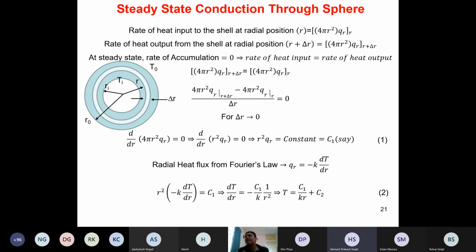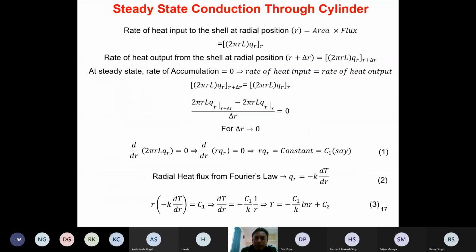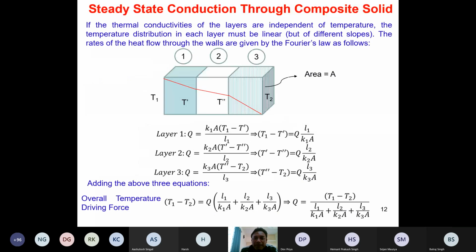For example, for slab 2 I make a slightly bigger area, so maybe I can increase the height of slab 2. In that case, this area A which we have kept constant will vary.